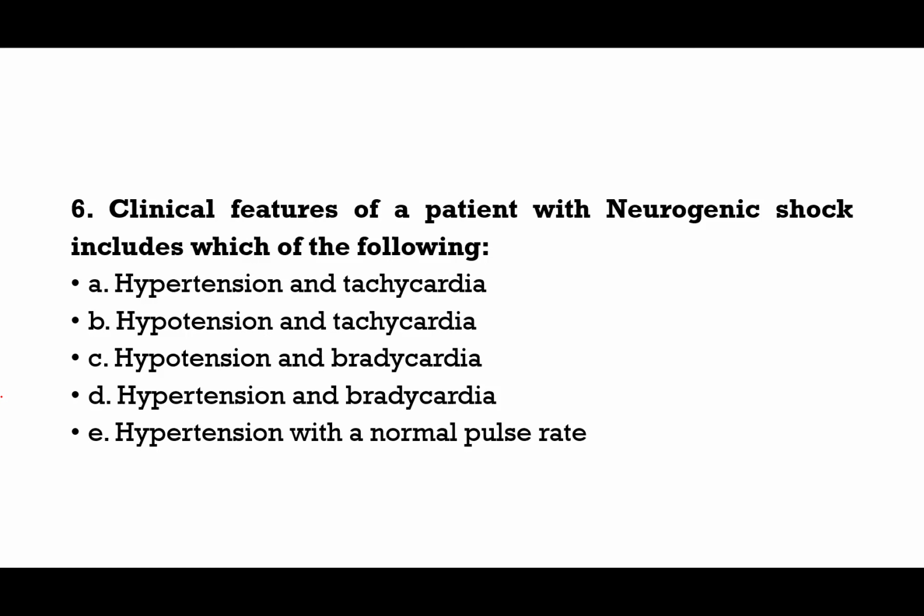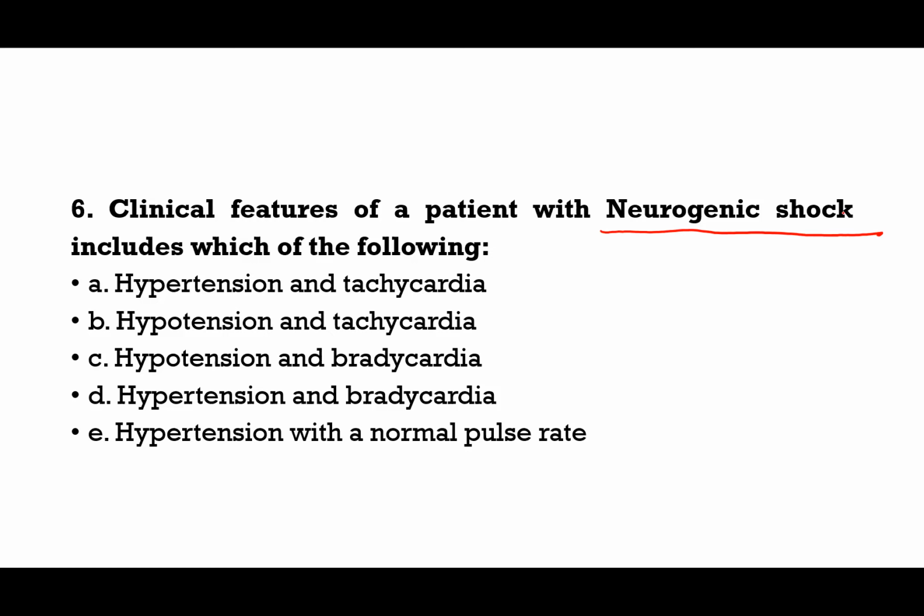Now, neurogenic shock is a form of distributive shock that is characterized by widespread inhibition of sympathetic outflow. When there is inhibition of sympathetic outflow, there is peripheral vasodilatation and pooling of blood in the capacitance vessels.